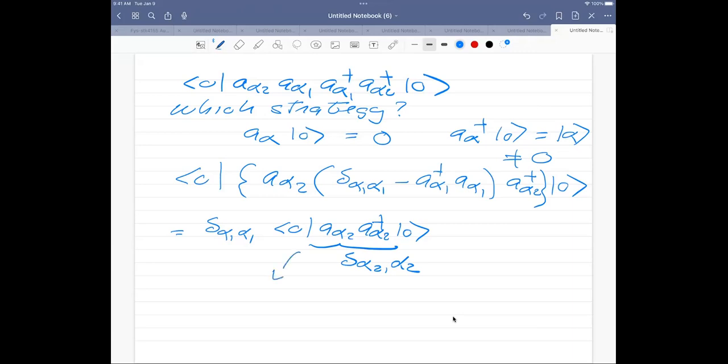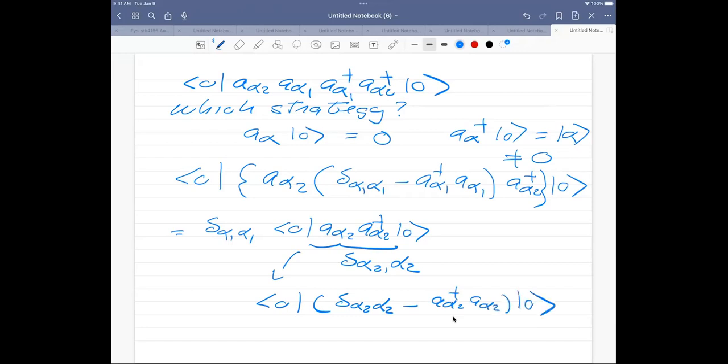So let's just take this piece here. You would have 0, and you can rewrite this one as a delta alpha 2, the Kronecker delta, minus A alpha 2 dagger, alpha 2, acting on 0.